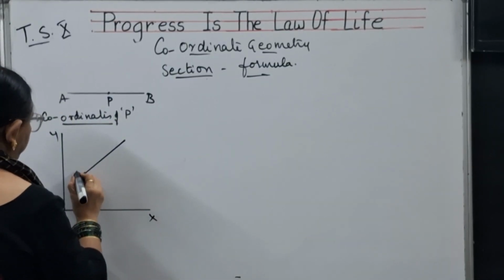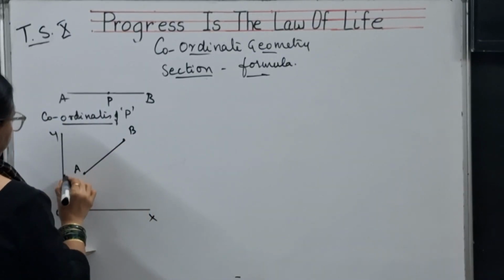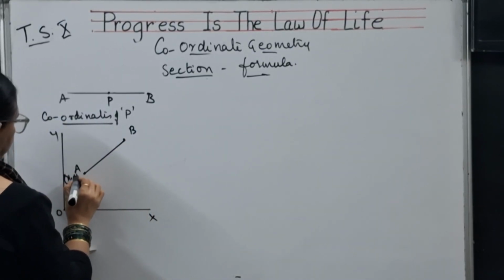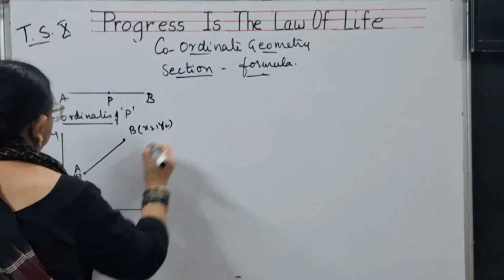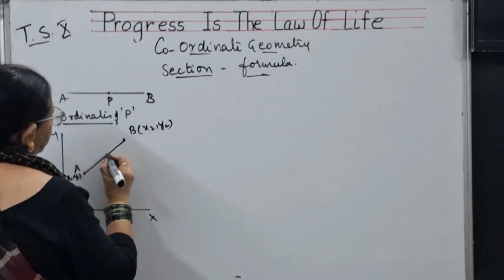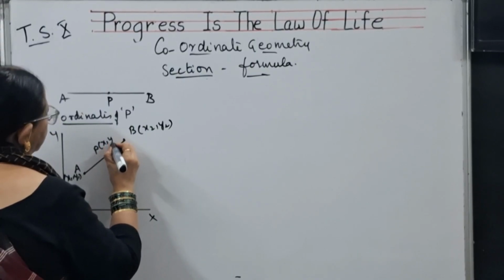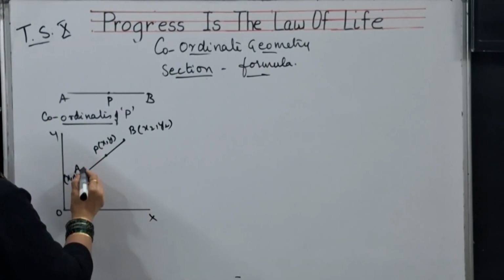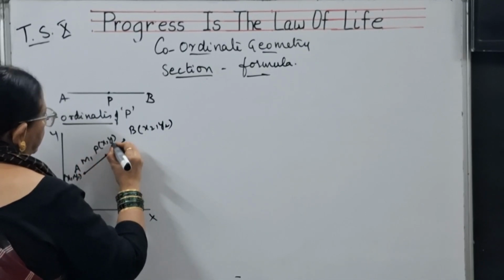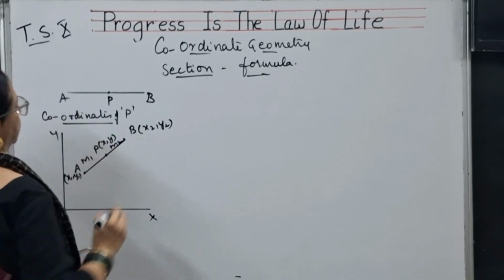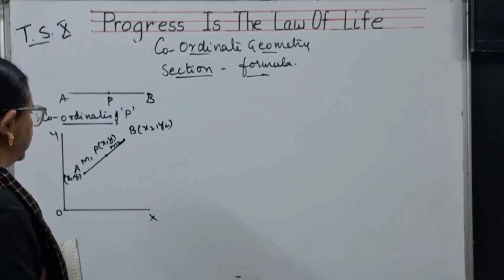This is AB, A and B. Coordinates of A are x1, y1. Coordinates of B are x2, y2. And here there is a point P, having coordinates x comma y, dividing AB in m1 is to m2 ratio. Now we need to find the derivation for it.